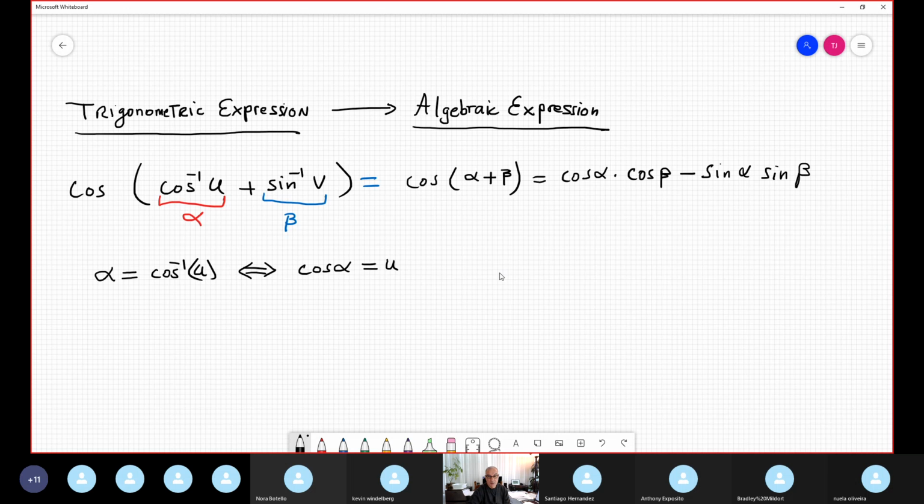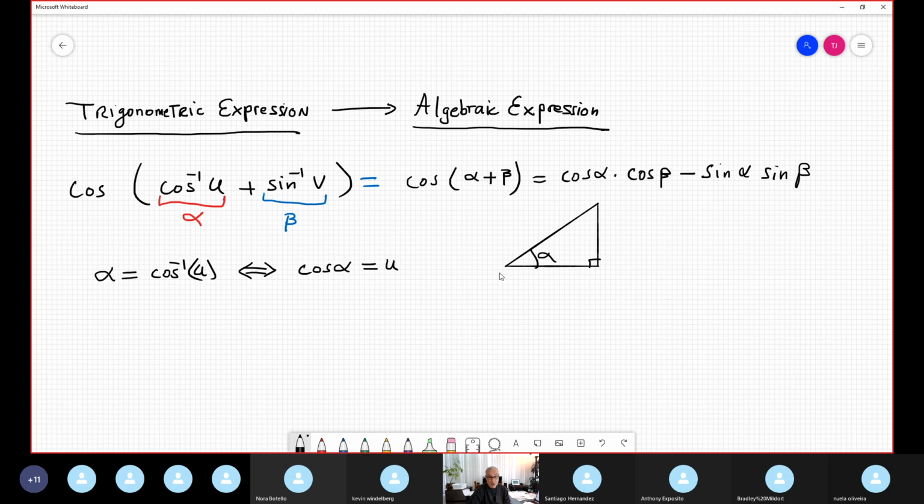So I'm ready to make the triangle for the alpha. Remember, alpha and beta are angles, and you suppose always that corner is 90 degrees, and the other corner is the complementary, 90 minus alpha.